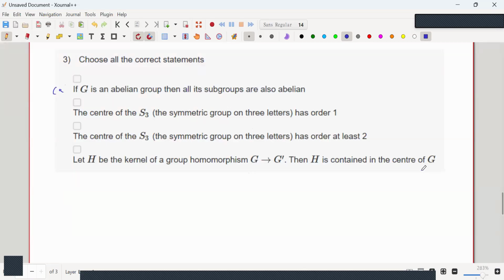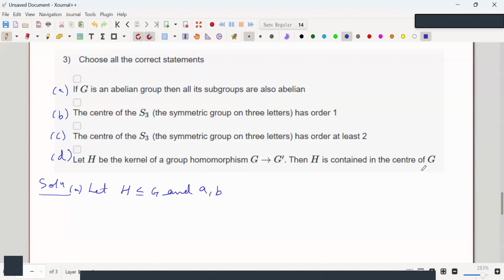Suppose H is a subgroup of G and some elements a and b belong to H. Since a and b also belong to G, a times b equals b times a. Good. So this is true for all elements in the subgroups, right? So commutativity is preserved by subgroups.